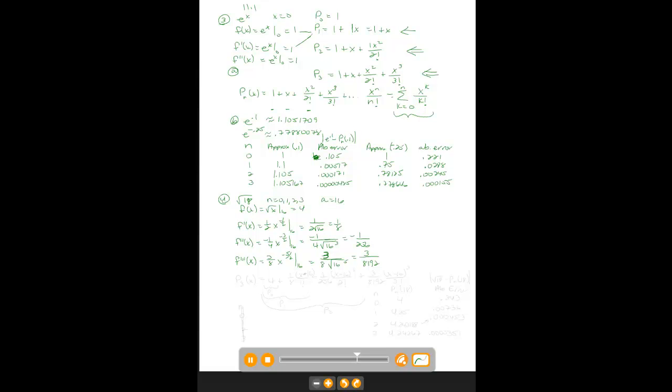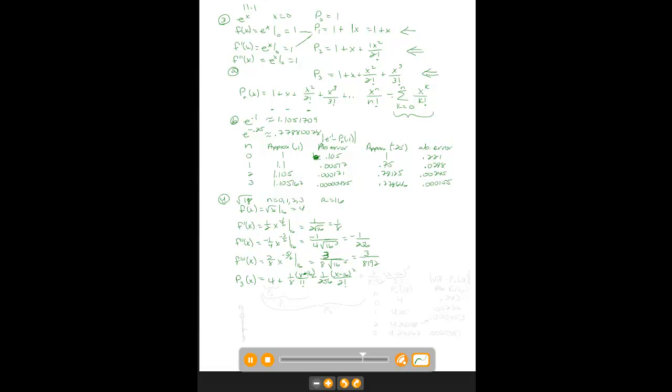So I need to find all the polynomials. So what I'm going to do is write out p sub 3, and then I'm just going to use the appropriate pieces as I go. So p sub 3 is going to be the function evaluated at 16, which was 4, plus the derivative, which was 1/8 x to the 1 over 1 factorial, plus the second derivative, which is negative 1 over 256. Oh, it's not just x, though. It's got to be x minus 16, because I centered at 16 and not at 0.